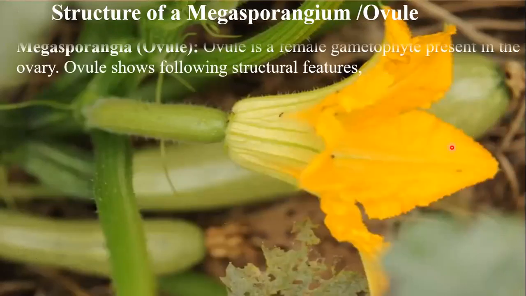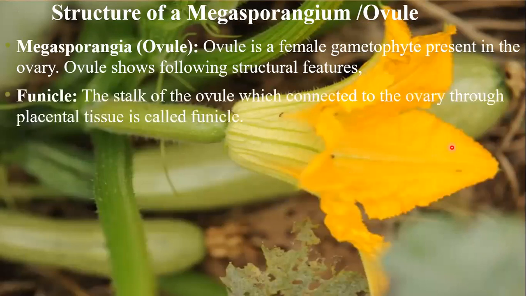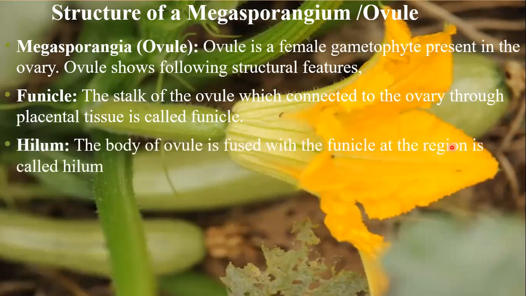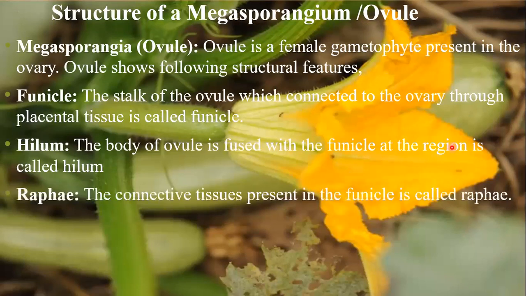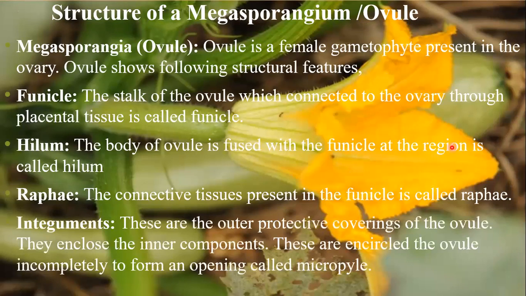The megasporangium or ovule contains the female gametophyte and is present in the ovary. It has the following structural features: it has a stalk called funicle. The funicle attaches the ovule to the placenta. Hilum is the region where the funicle attaches to the ovule. Raphe is the connective tissue present in the funicle. The integuments are the protective covers which enclose the inner components, and they encircle the ovule incompletely to form an opening called micropyle.